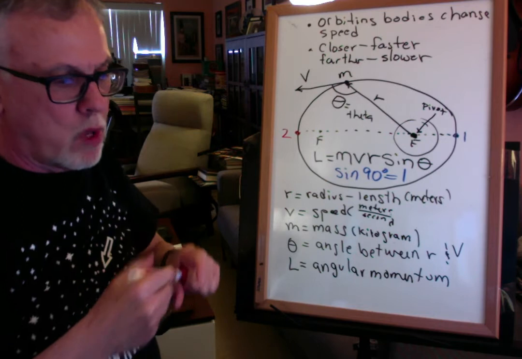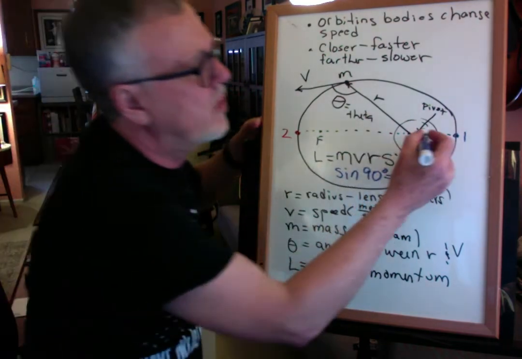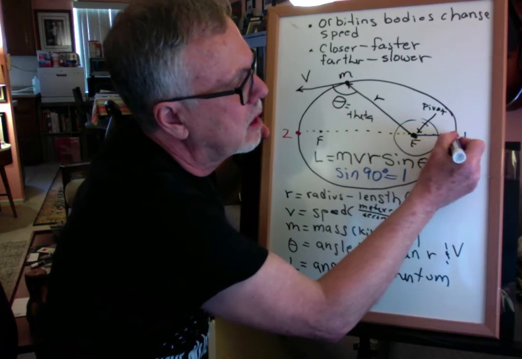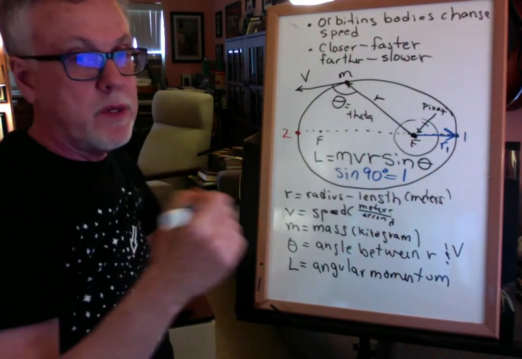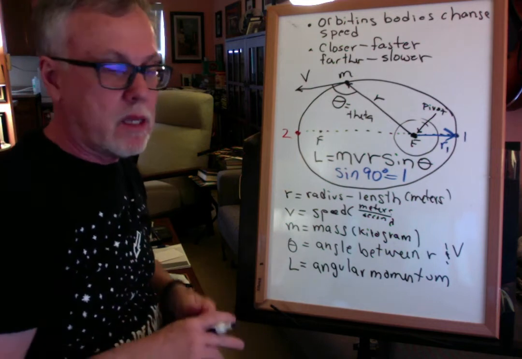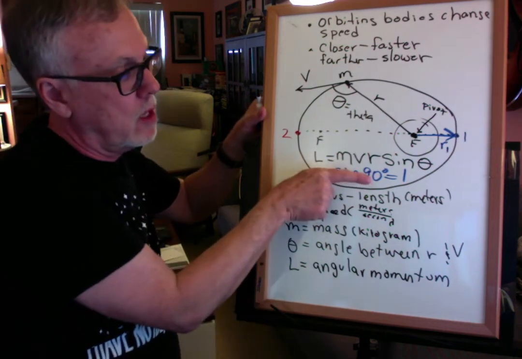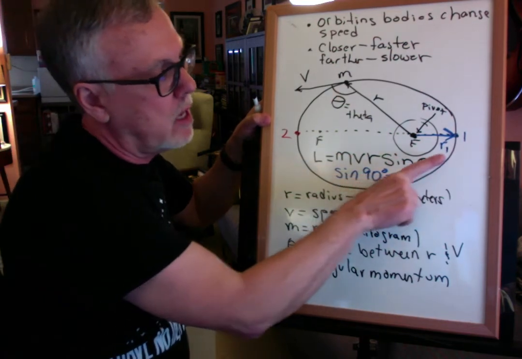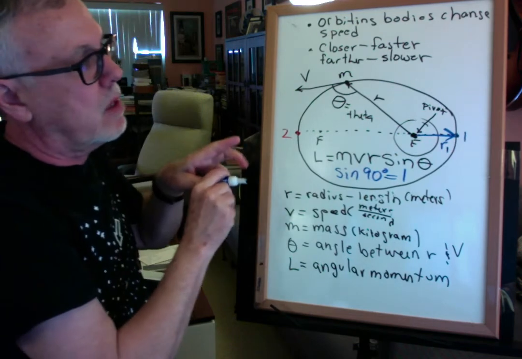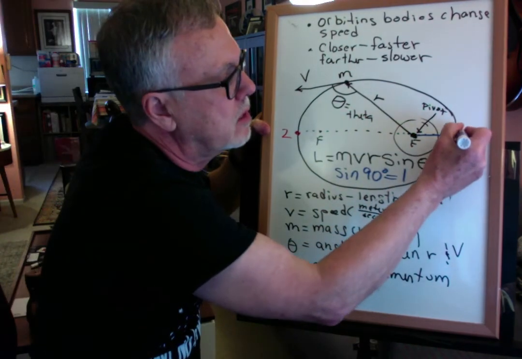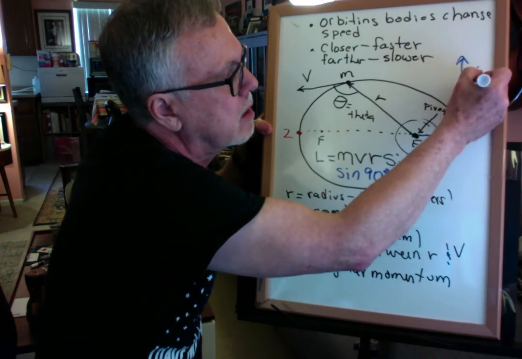And so let's look at 1 first. For 1, this is my distance R1. And remember, it's going to be going very, very fast at this point because it's as close to the moon as possible. So here's my arrow, and when I hit the end, the arrow of motion is straight up and down, and it's going to be long. So this is, at right angles, my speed V1.